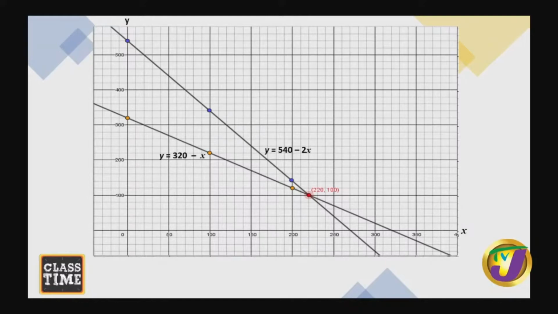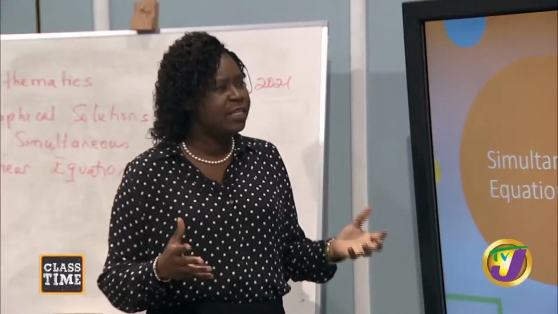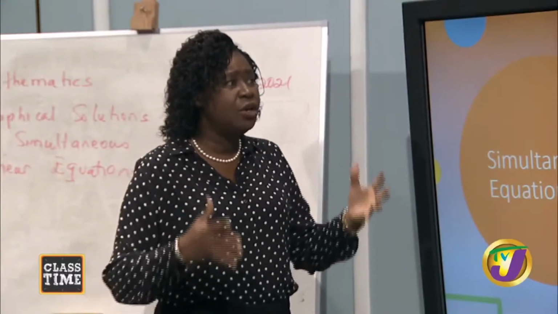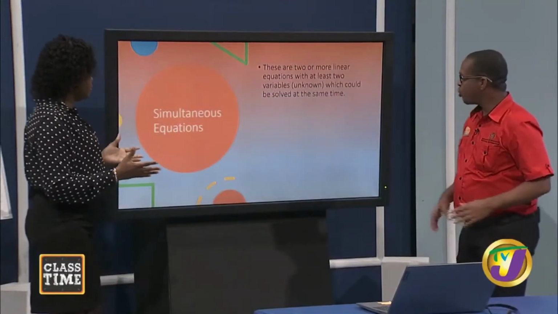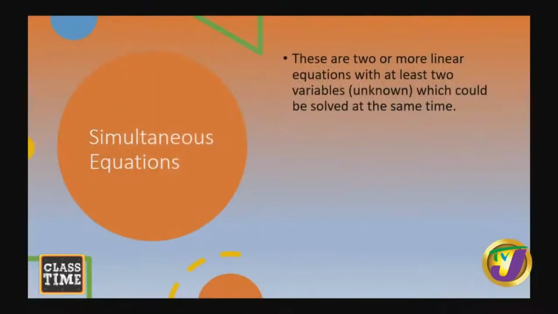Oh, okay. All right. So we have been talking about simultaneous equations, and you notice, Tyrone, that these are what? There are two or more linear equations with at least 2 unknown variables that could be solved at the same time. Good.